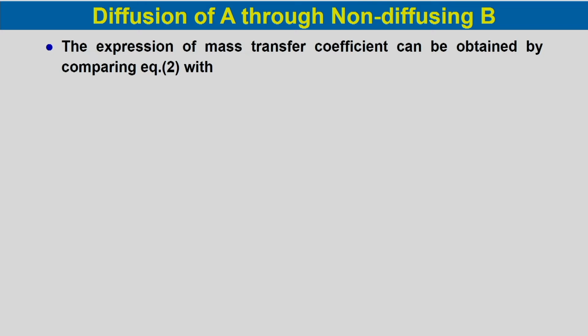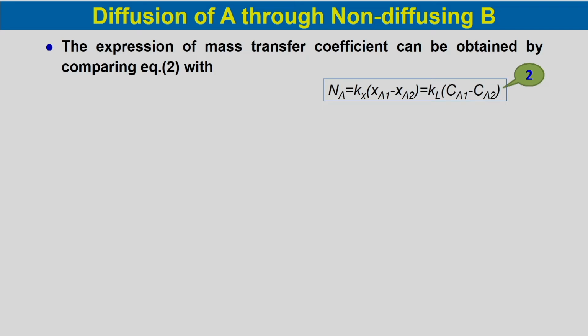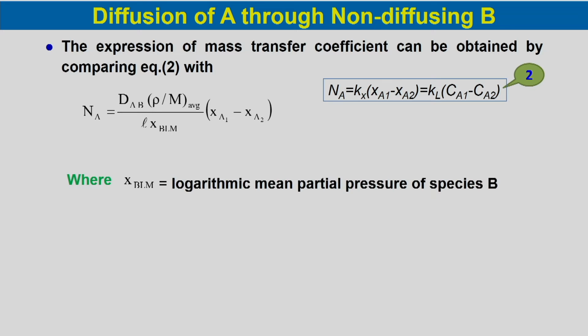The expression of mass transfer coefficient in the liquid phase can be obtained by comparing equation 2 with the other equation in case of diffusion, that is Na would be equal to dAB rho by M average divided by L xBLM into (xa1 minus xa2). In this case xBLM is the logarithmic mean of mole fraction of component B, not partial pressure, mole fraction.